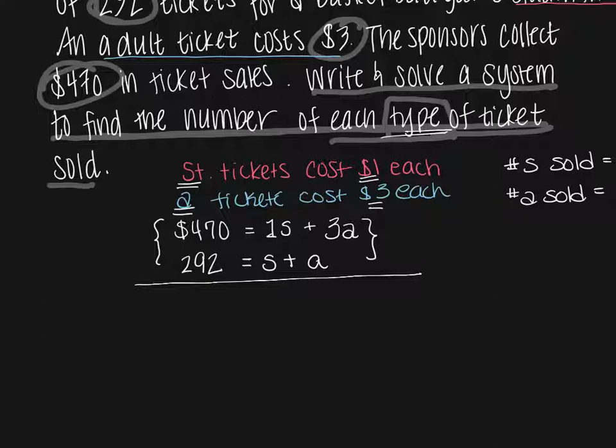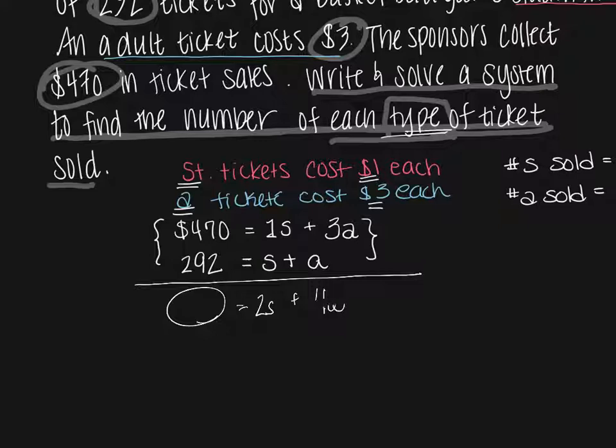Okay, let's think about this. Can I just simply add this? If I add these, am I going to get the same thing? What could I possibly do? Well, I can't multiply. That's not going to work. If I add these, I'm going to end up with something like 4a and 2s, and I'm going to get one really hunkin' huge number. That doesn't get me any closer to getting one variable that I can plug in and tell what the other means.